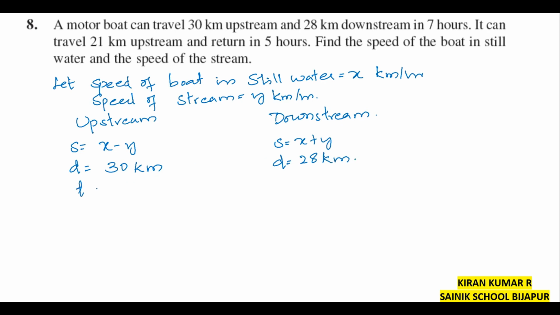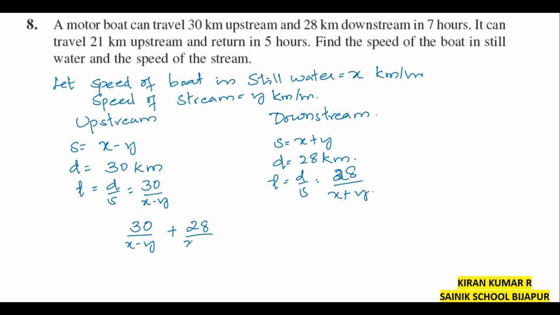What is the time taken upstream? It is distance upon speed, 30 upon x minus y. The time taken downstream is 28 upon x plus y. The total time taken will be 7 hours. So I will write this as 30 upon x minus y plus 28 upon x plus y equal to 7.